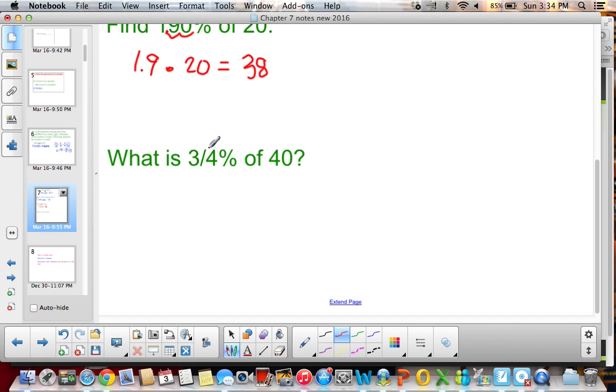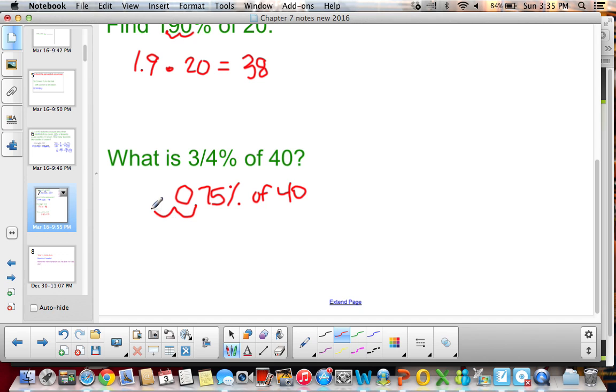And then our last problem, what is 3/4% of 40? So first, I'm going to change 3/4 into a decimal, which I know is 0.75, so it's still 0.75% of 40. Now we need to convert it to a decimal. Just because there's already a decimal does not mean that it's already in decimal form.